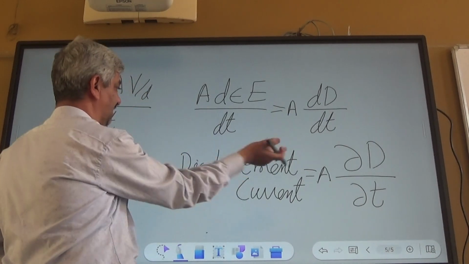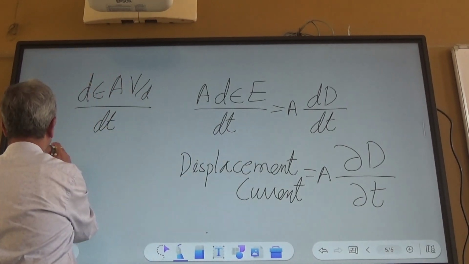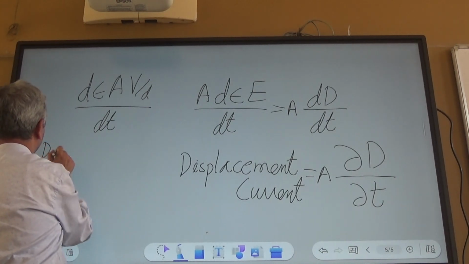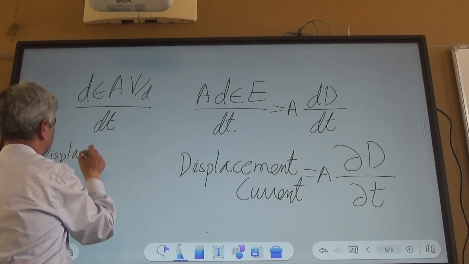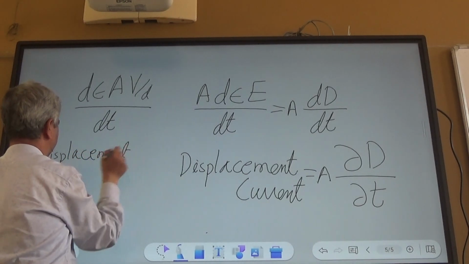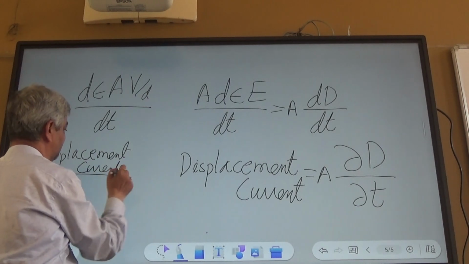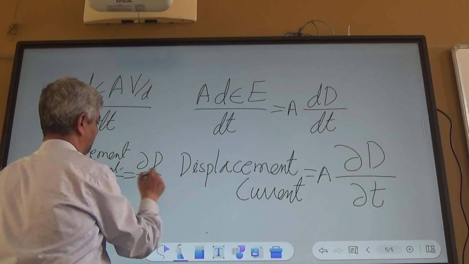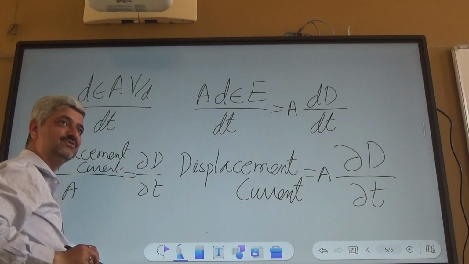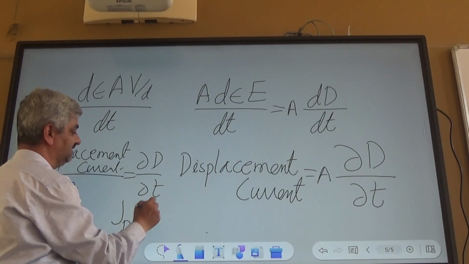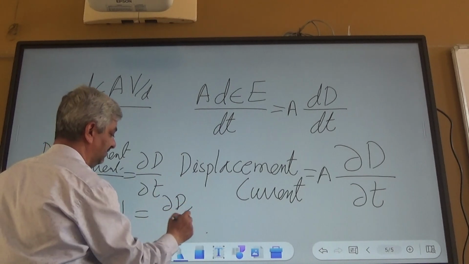When I take this A on the left hand side, what do I get? Displacement current upon A is equal to delta D by delta t. So this I can say as JD is delta D by delta t.